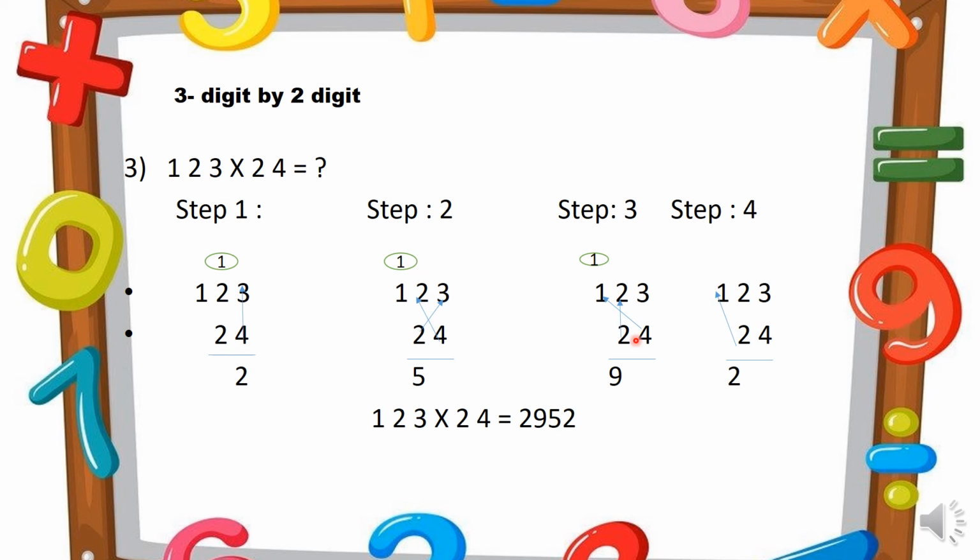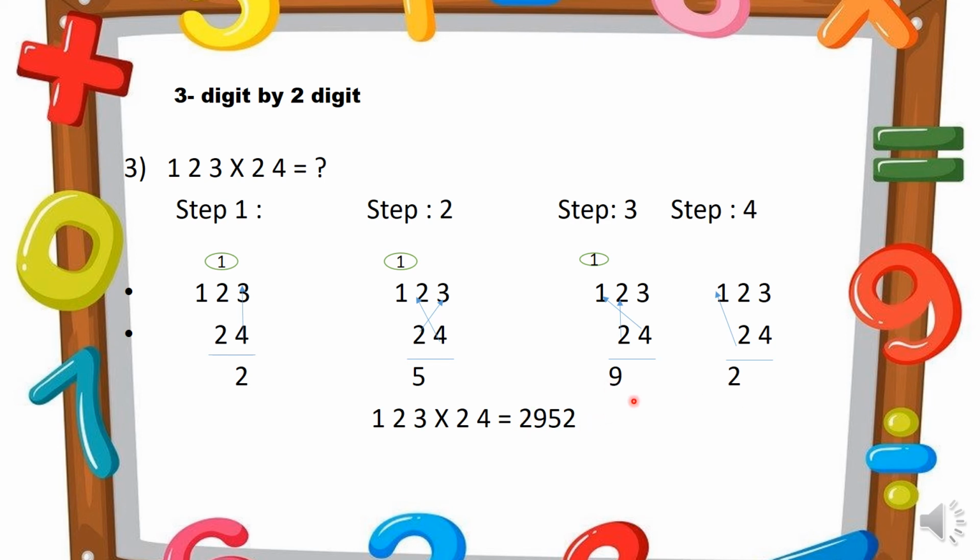Step 3. 4 1s are 4 plus 2 2s are 4. 4 plus 4 is 8. 8 plus 1 is 9. Then next, look at the arrow mark here. 2 1s are 2. So quickly you have got the result. So how to place this?